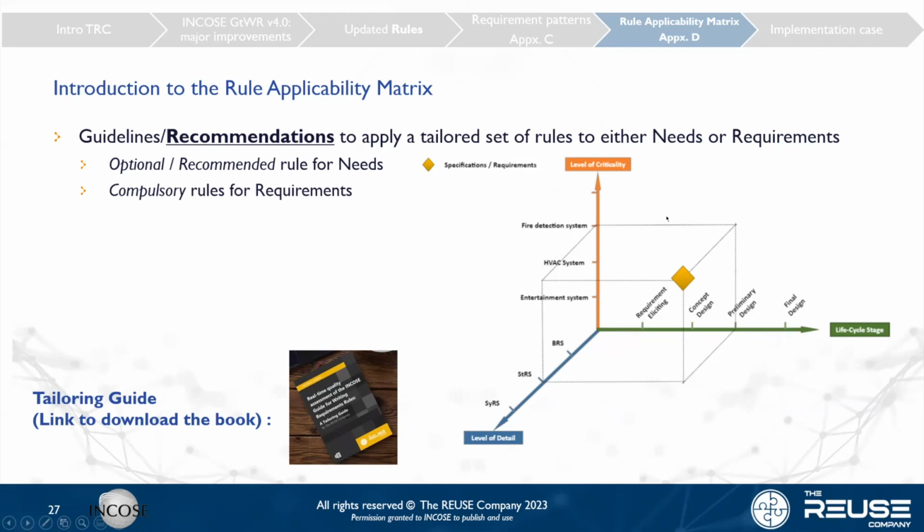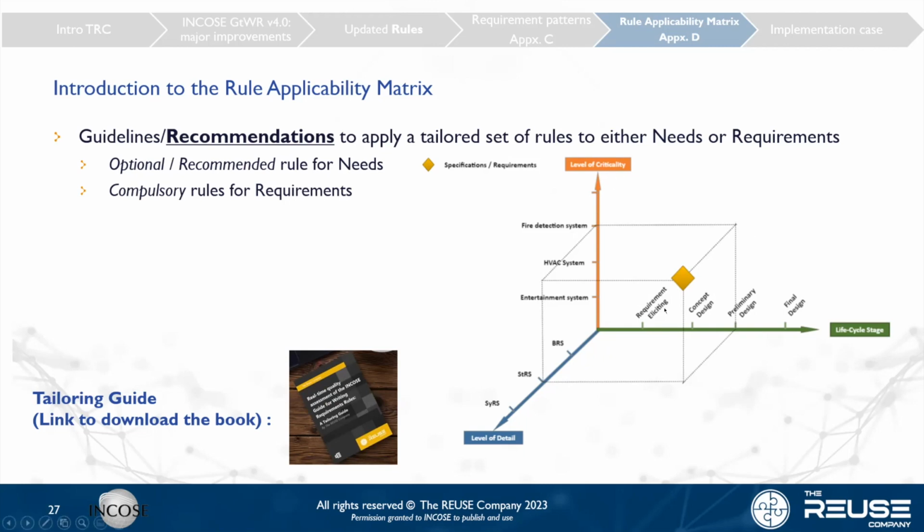And basically, this means that we have 3 dimensions to decide how to tailor the rules of the guide to writing requirements. The first one is the level of detail. So the more specific the document is, the more domain specific it is, and the more information it will require from the data dictionary, and therefore the more rules it will assess to verify the requirements. The life cycle stage here is also important. The more we get into design input, so requirements and design input, the more we need the statements to be precise, accurate, non-ambiguous, etc. And the level of criticality.